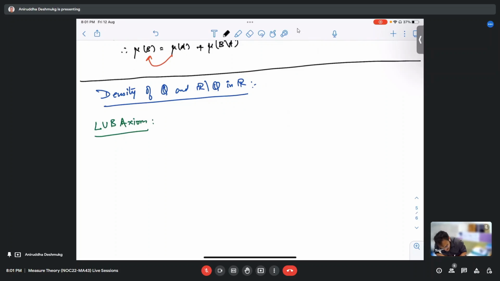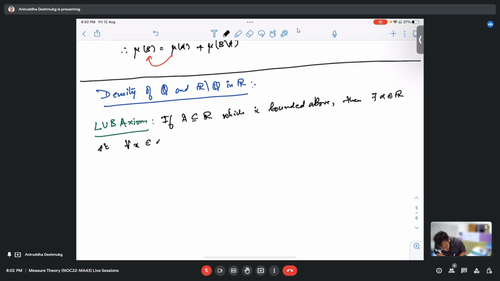What it says is that if A is a subset of R which is bounded, or particularly bounded above, then there is a real number alpha such that for each x in A, x is less than or equal to alpha, and for every beta less than alpha, you can find an x in A such that x is bigger than beta.